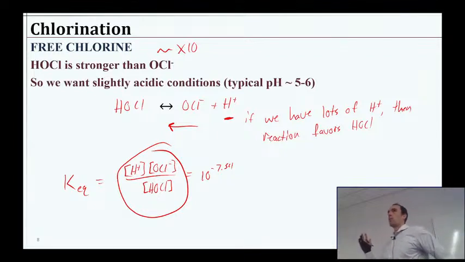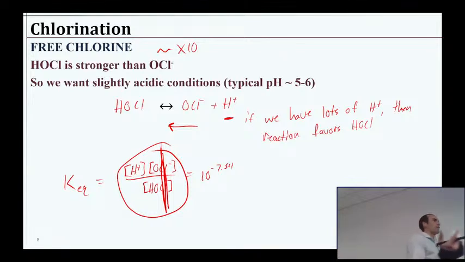We can be at equilibrium with a different amount, but if we set HOCl equal to OCl minus, this 50-50, then that's 1 over 1 or 2 over 2 or whatever it is. That term becomes 1. Then we can ask at what pH does that happen? That's the pH where the H plus is equal to 10 to the minus 7.54. So that means the pH is 7.54.